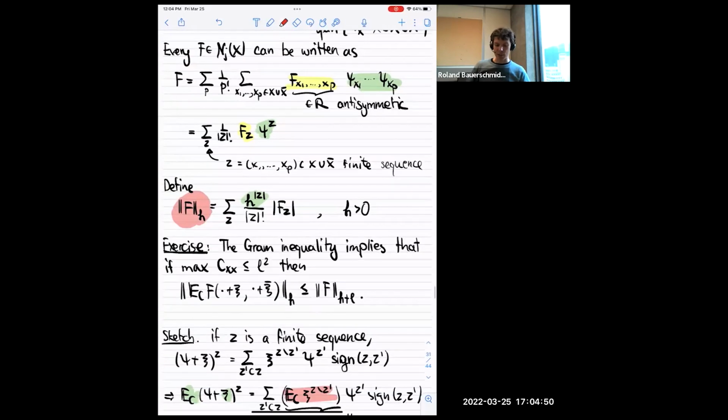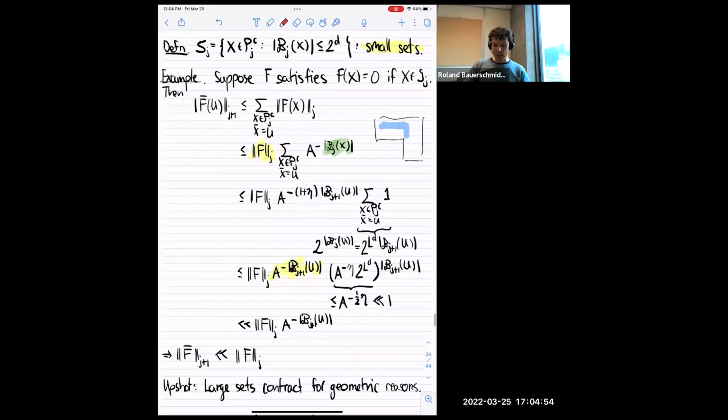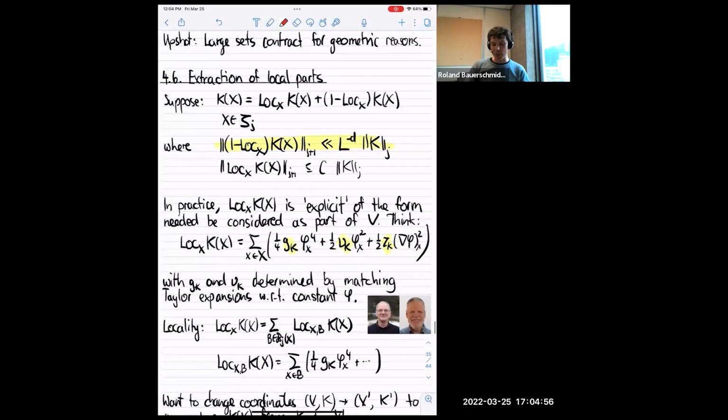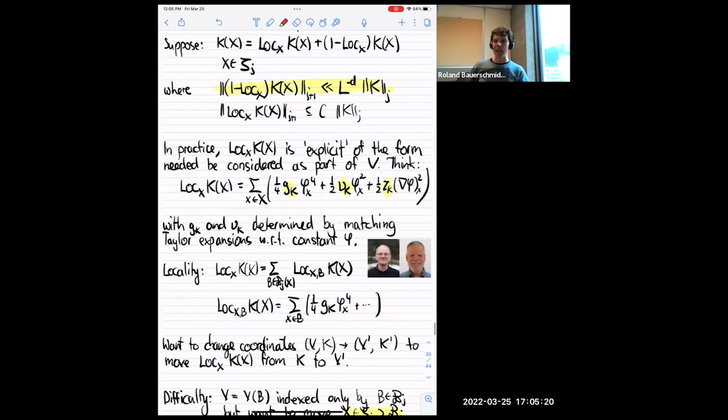I showed this integration property here. And you can imagine, because it's an analytic norm, it's not so bad to get these type of properties. They're kind of Taylor expansions. For the part regarding the localization, this localization is a kind of Taylor expansion, and 1 minus loc is a kind of Taylor remainder.